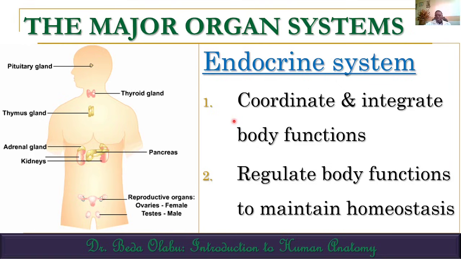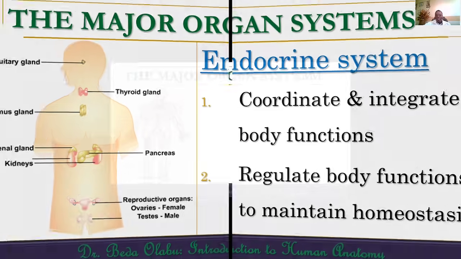The endocrine system and the nervous system are commonly called the integration systems for that purpose. Some people may just want to use the term neuroendocrine system, so that when you talk of the neuroendocrine system, we are referring to the nervous system as well as the endocrine system. In your list, we've now mentioned 5, if you're counting well.